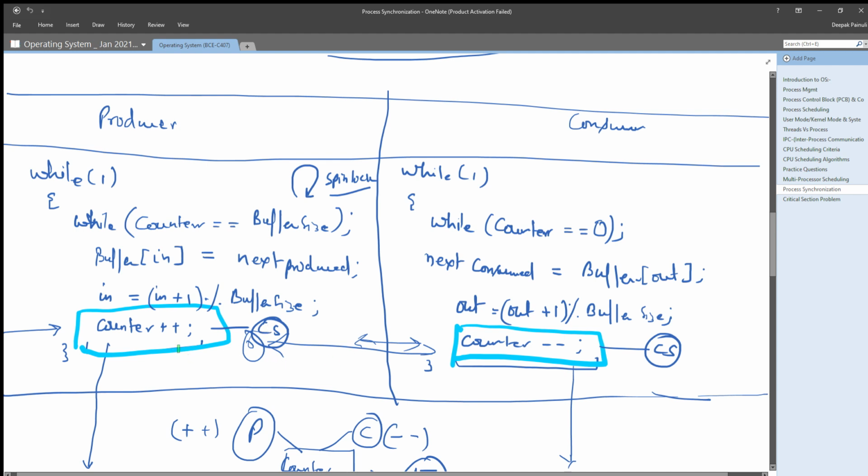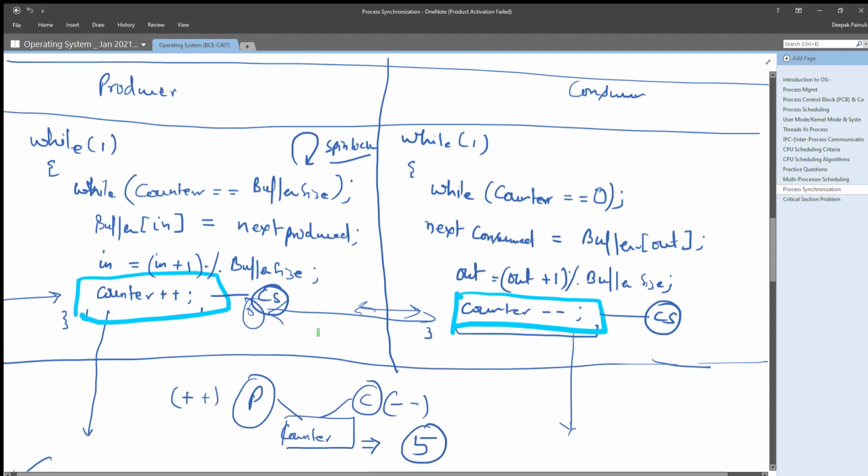This portion of the code of a particular process, where that process is doing some critical task over a variable, is called its critical section, and we don't want the critical section to be executed by more than one process at the same time.